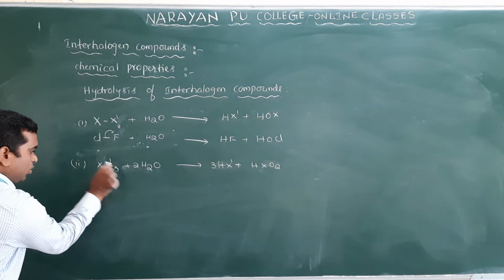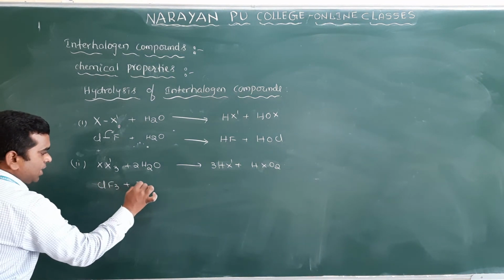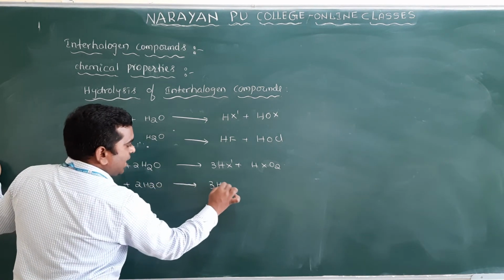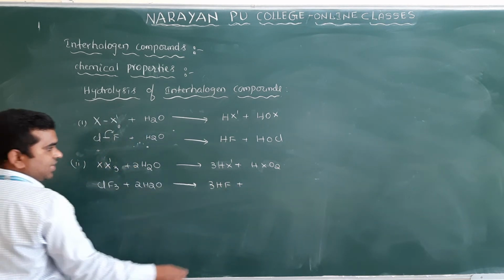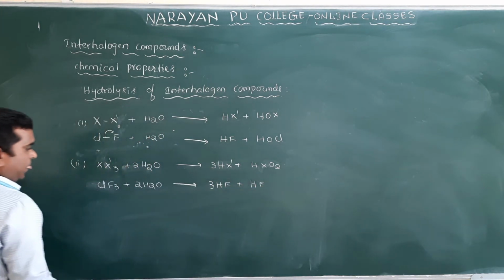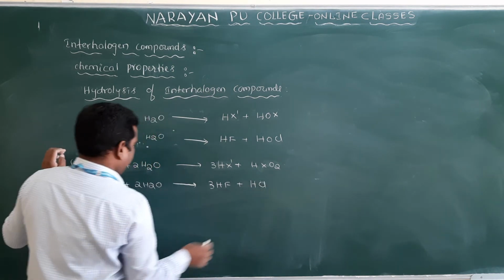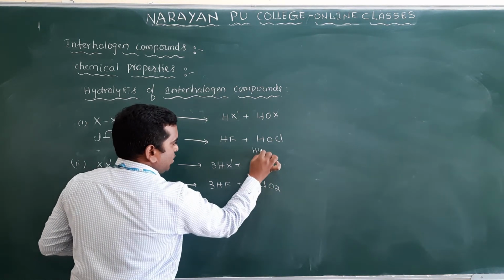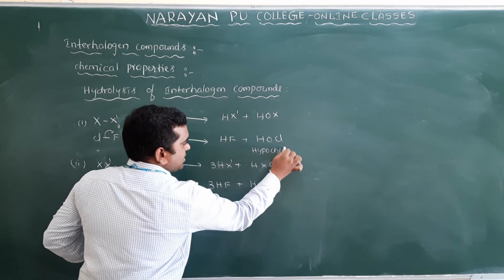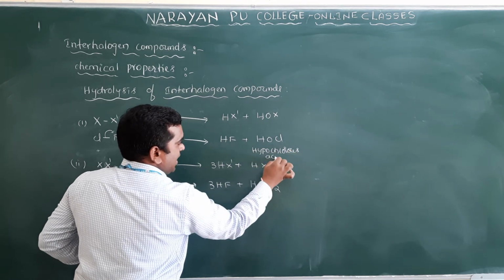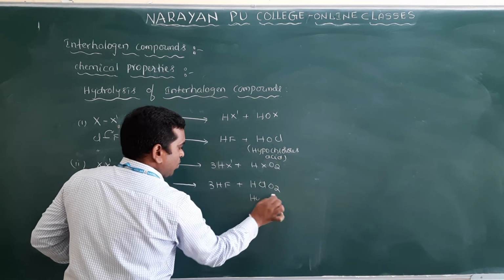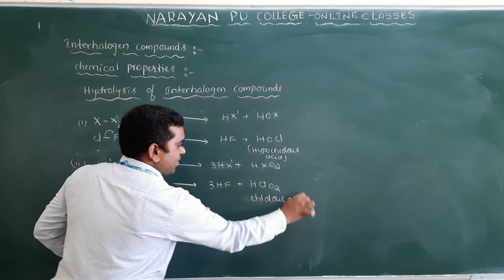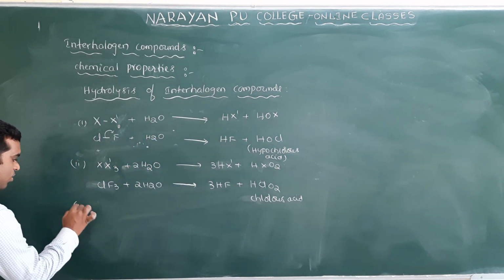A simple example is ClF3 plus 2H2O. We get 3 hydrogens and 3 fluorines as HF, one hydrogen left, so HF, and HClO2 with O2. This is chlorous acid.